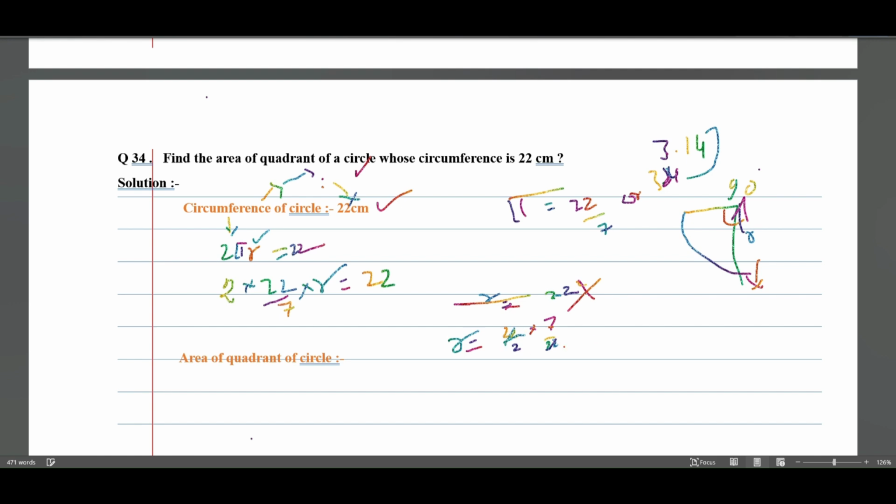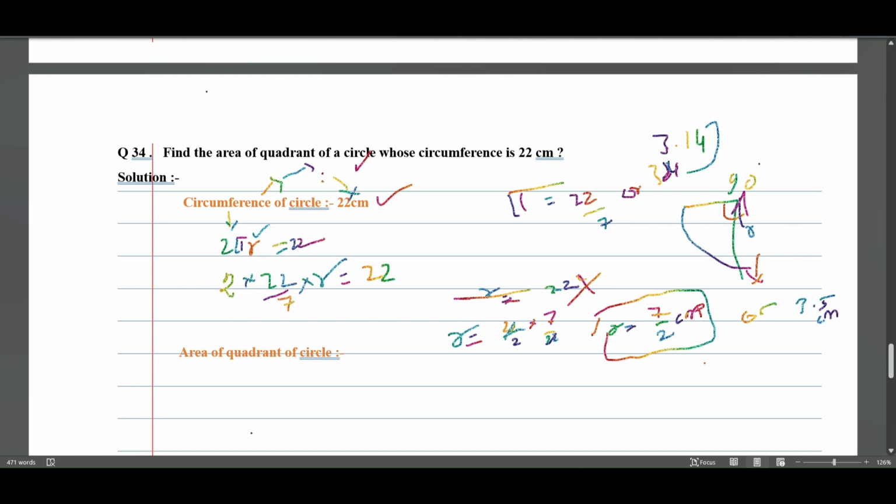So this will cancel. From here we have radius 7 by 2 centimeters, so the radius will be 7/2 centimeters. Otherwise we can write this as 3.5 centimeters as well. So from here we found the value of r.